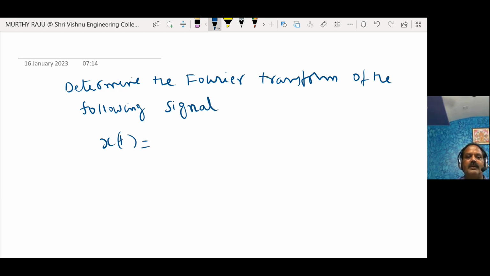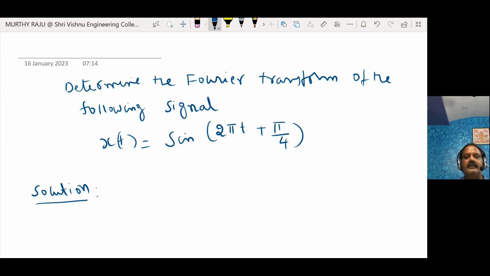X of t is equal to sine of 2 pi t plus pi by 4. This is a periodic signal.